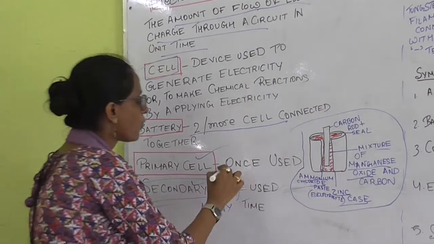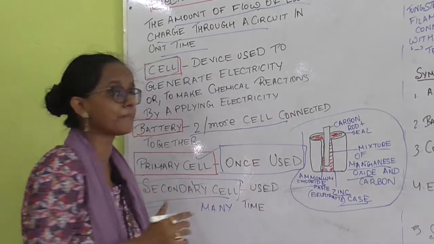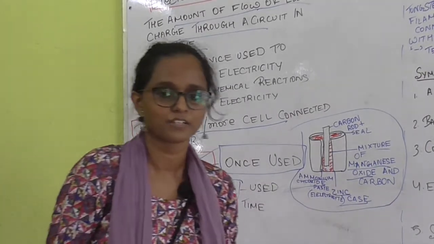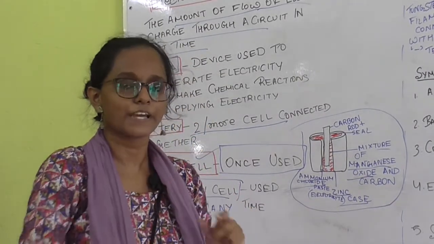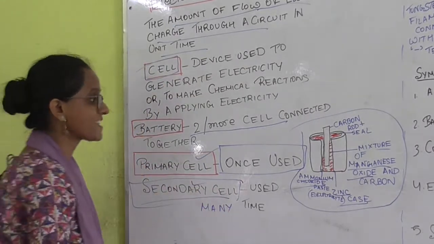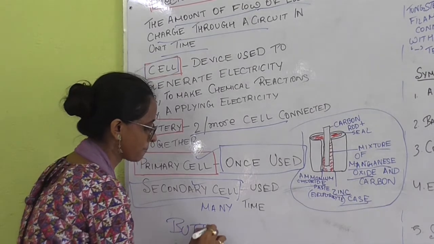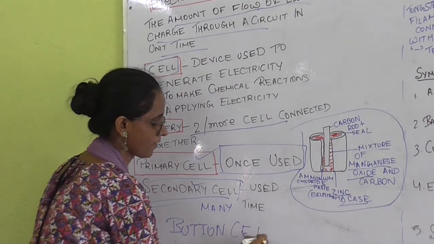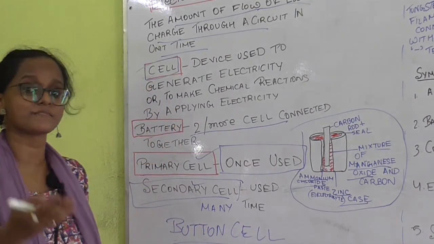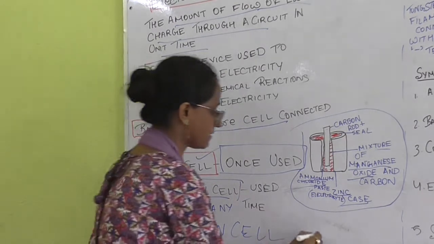Now where can we see the primary cell? Especially in clocks or in our watch. Generally in the watch a specific kind of primary cell is used, that is known as a button cell. Why is it named a button cell? Because it looks like a button.